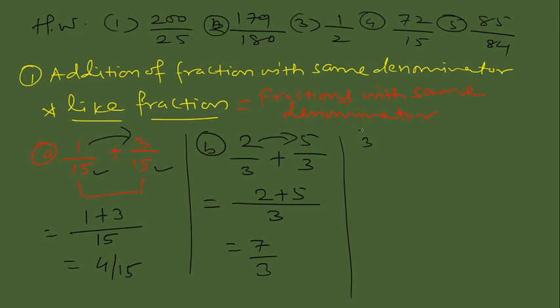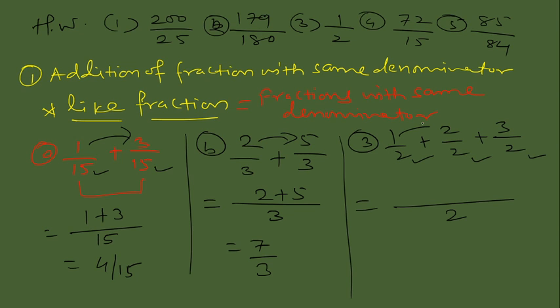Take the third example. 1 by 2 plus 2 by 2 plus 3 by 2. Here 2 comes 3 times, here, here and here. But you have to take 2 once only because the denominator is the same. So we take 2 once instead of taking 2 three times.